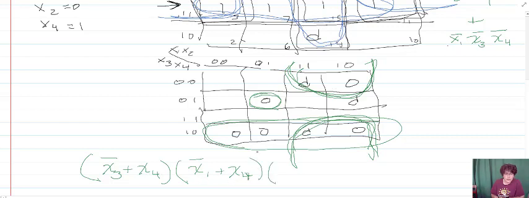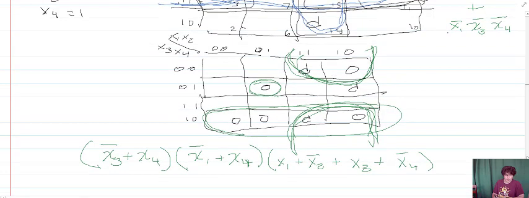Okay, then this last one, it's a group of 1, so it will have 4 variables, and we just read it from the column and row numbers. So x1 plus x2 bar plus x3 plus x4 bar. So that would be the product of sums.